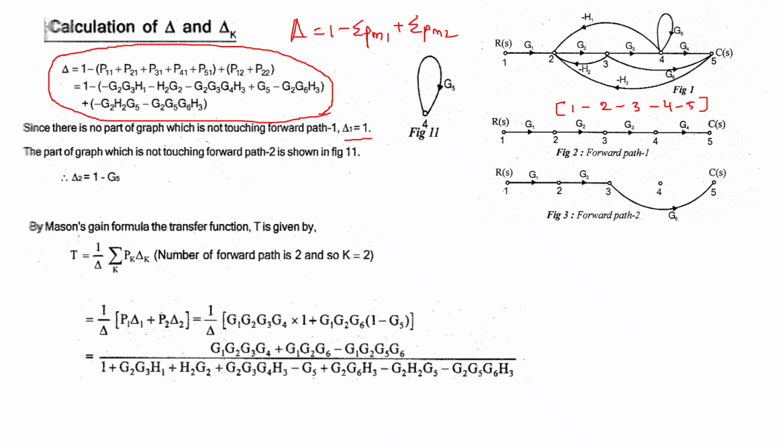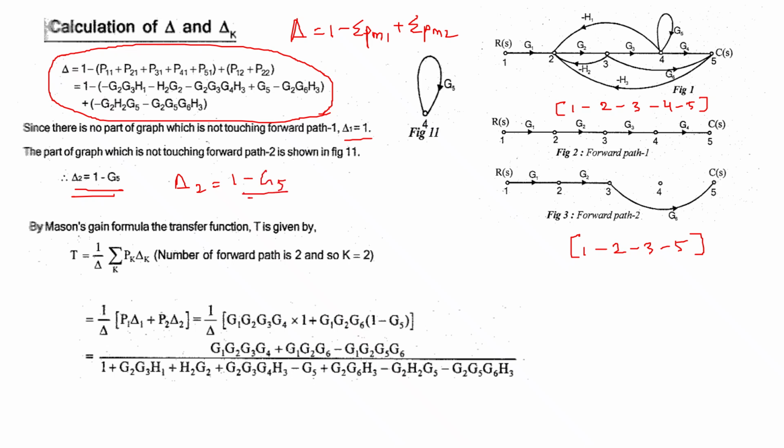Then go for the second forward path. Its node equation is 1, 2, 3, and 5. It is not touching the fourth node. So the loop having only the fourth node can be subtracted in delta 2. The fifth individual loop has only the fourth node, so its gain value is G5.